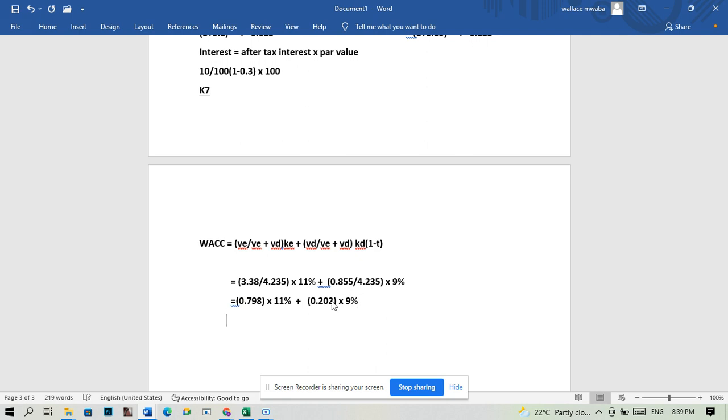Then 0.798 times 11%, we got 8.778. I was saying 38, but the weighted average cost of capital would have been too high. Yes. Plus 0.202 times 9.